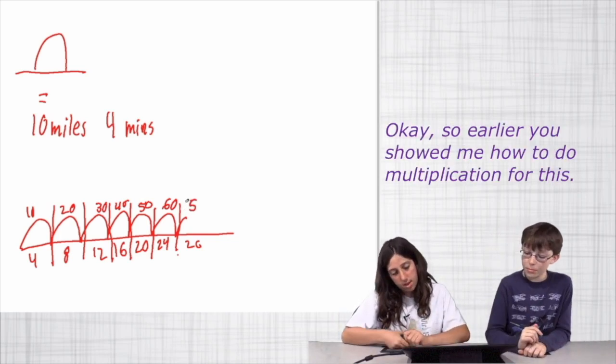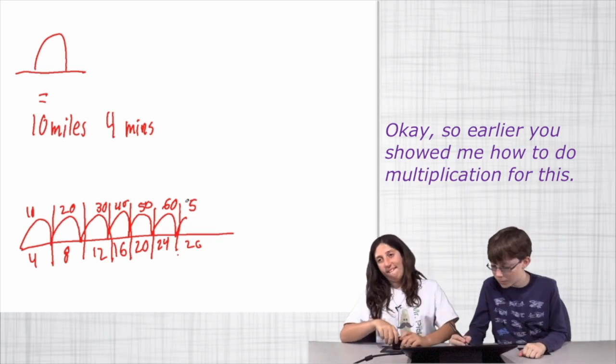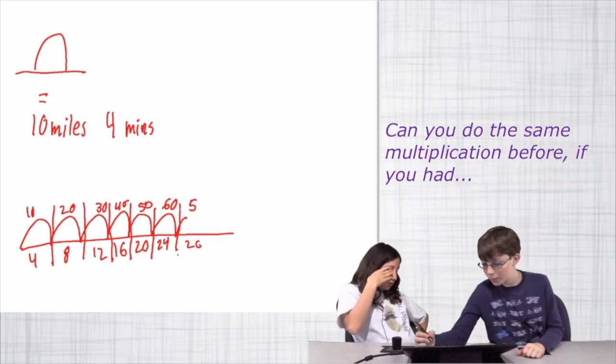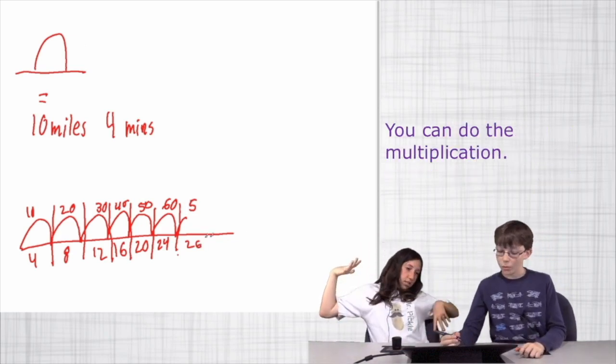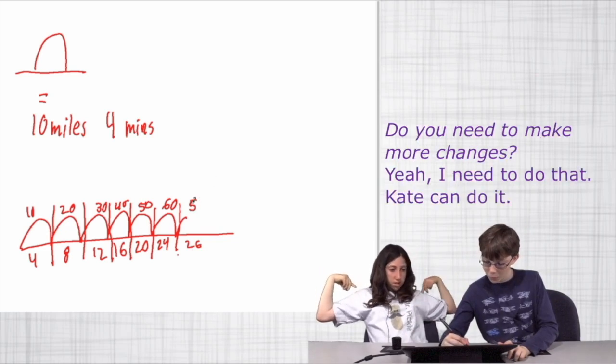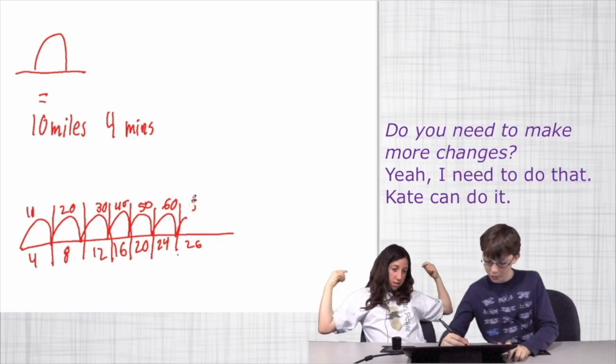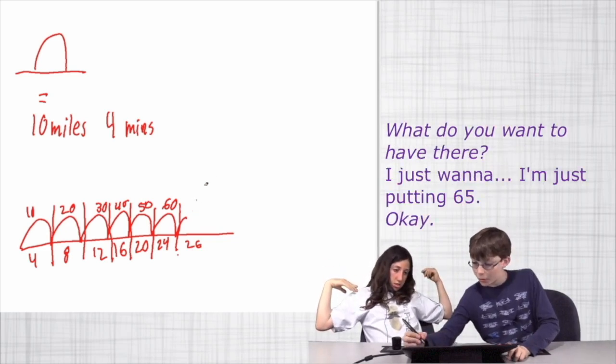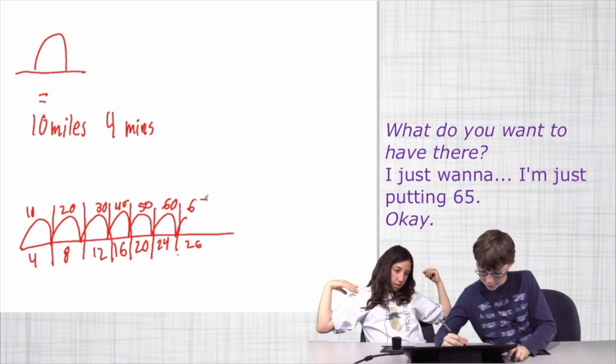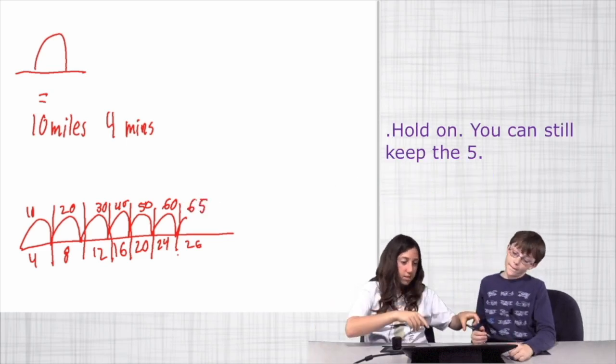Okay, so earlier you showed me how to do the multiplication for this. Can you do the same multiplication? I can do the multiplication. Kate can do it. No, I'm just putting 65. Hold on, a second. Still put the 5.